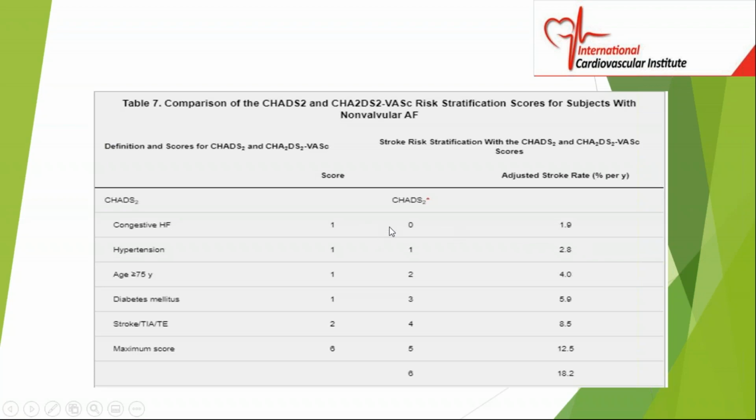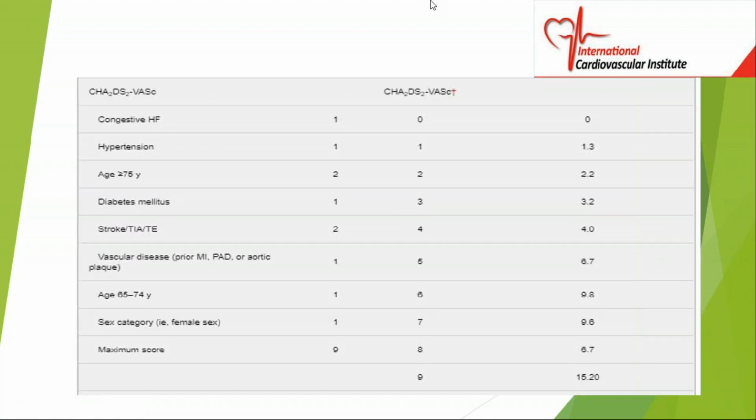And so this is the CHADS2 score, and the maximum was 6 points. But this 0 was not a real 0. So we moved to the CHA2DS2-VASc score, where the 0 is a real 0, because the age adjusted stroke risk is 0.